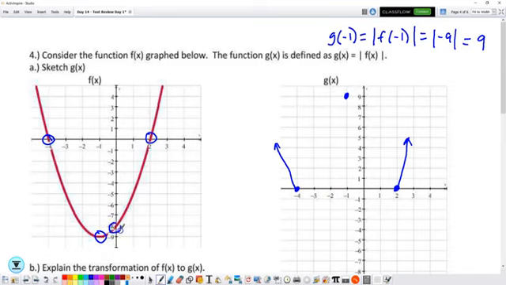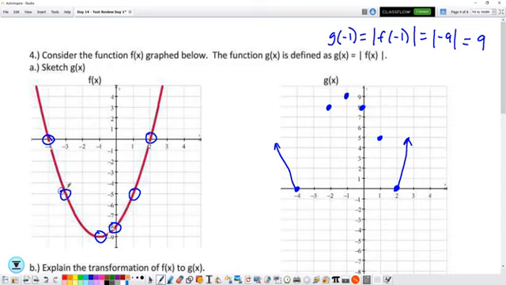And I could do a few more if I wanted. I could look at this point right here. I've got 0, -8. I've got -2, -8. That might be enough. I think I can get one more. I think I've got 1, -5 becomes 1, +5.